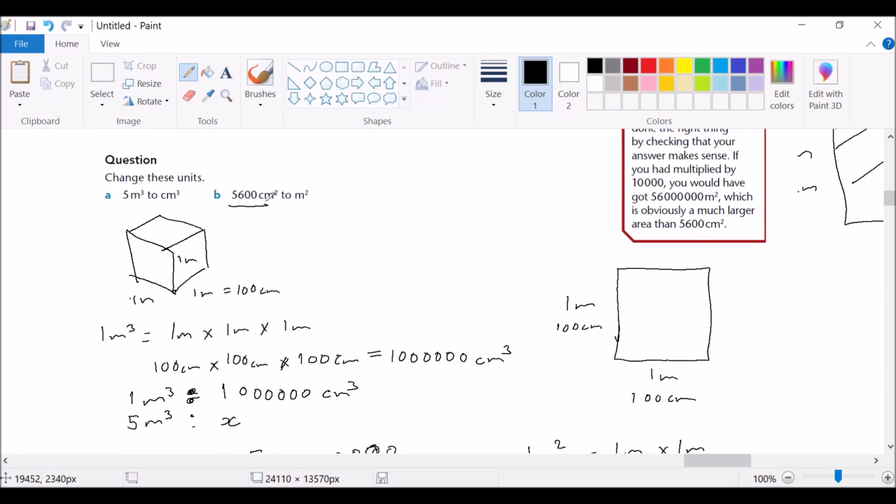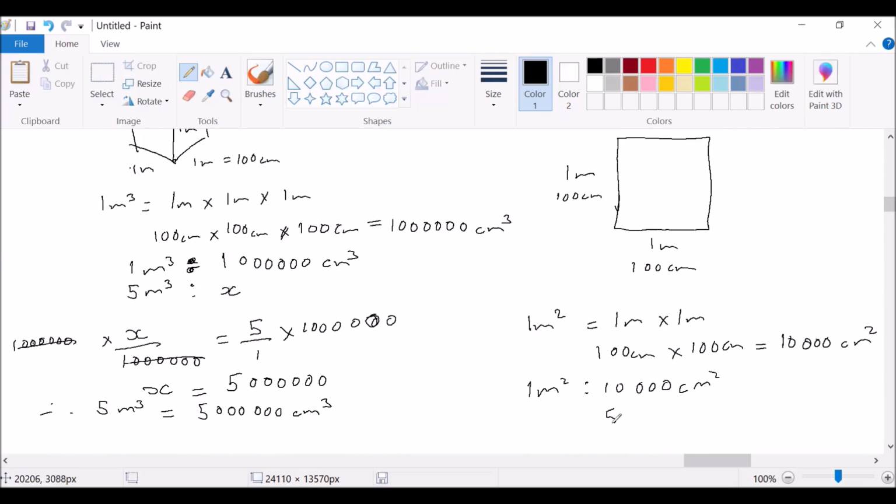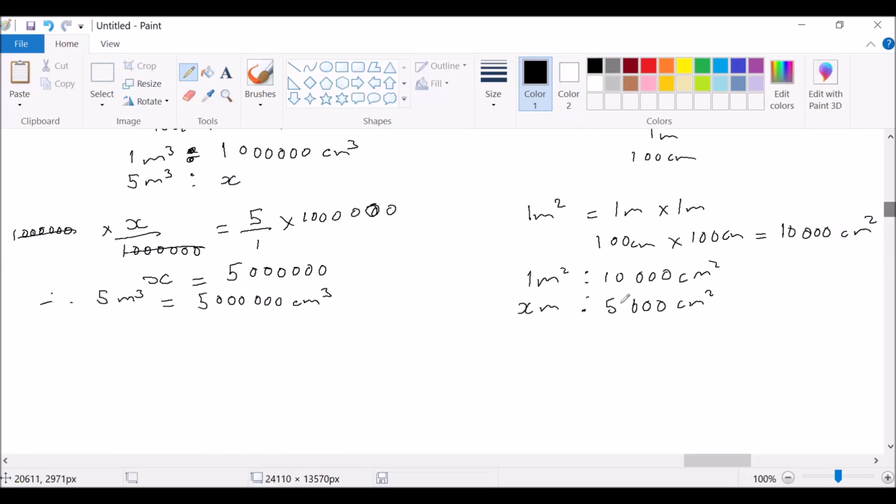We take 5,600 and put it on the centimeter side. So we have 5,600 there. Square centimeters is to x meters, which we are looking for. So from this ratio, we now form an equation. The bottom part over the top part is equal to the bottom part here over the top part, 5,600 over 10,000.